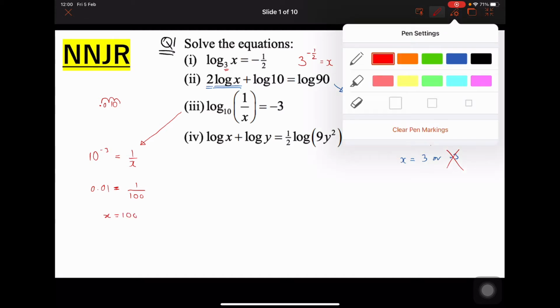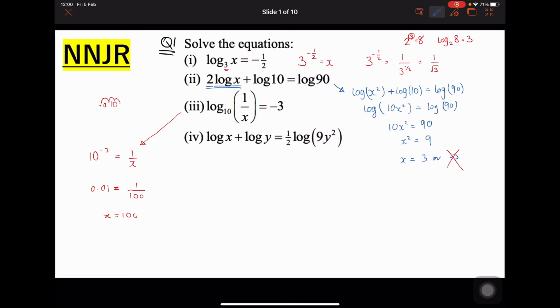Moving on to part 4. Again, it's similar to part 2. I've noticed this addition sign and 2 log functions with the same base. So I'll write log of x multiplied by y equals, and again I notice this value in front of the log. So I'll write log of 9y squared to the power of 1/2.